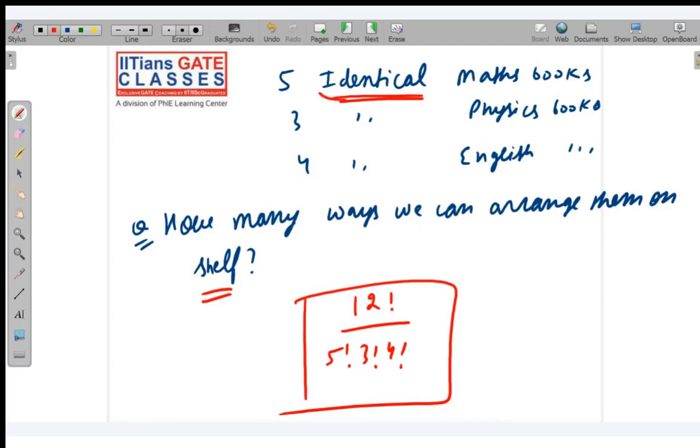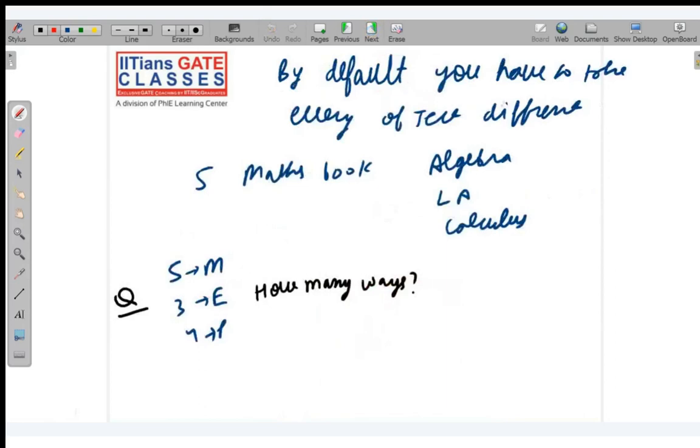You have to concentrate on the word identical in the GATE exam. Then you have to answer this question. This is a very important point, so make some stars over it. You will get confused in the GATE exam. By default, you have to take every object as different.